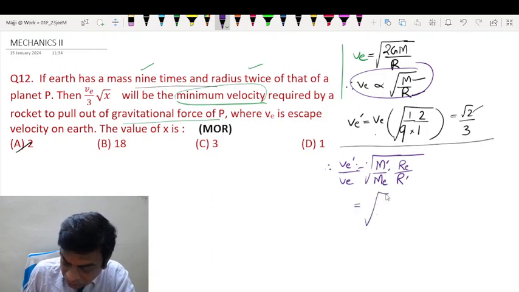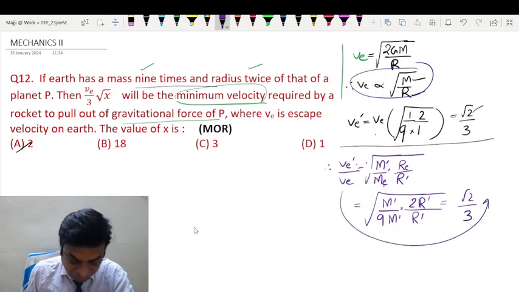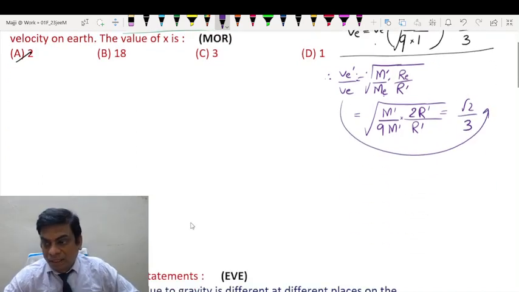Here it is given that the mass of Earth is 9 times the mass of the planet. Similarly, it is given that the radius of Earth is 2 times the radius of the planet. So anyway, you will get this. This is how you can calculate.